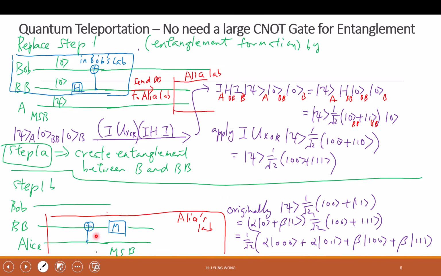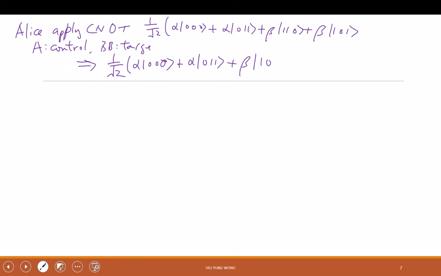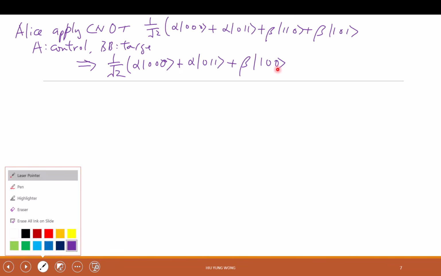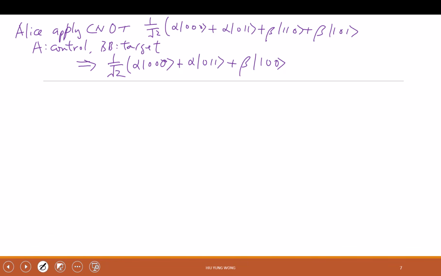Based on this diagram, what should that be? It was 110. 100, because the target qubit is BB. It has nothing to do with Bob's qubit, right? Alice was doing the control NOT in her lab, so it's not affecting Bob's qubit, right?